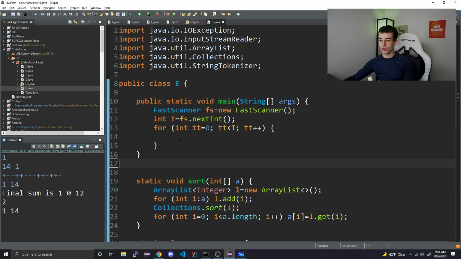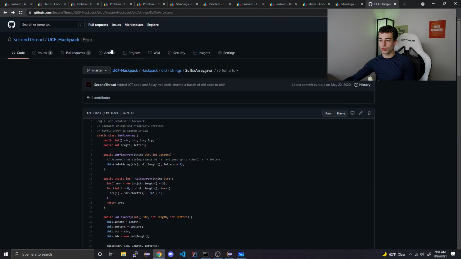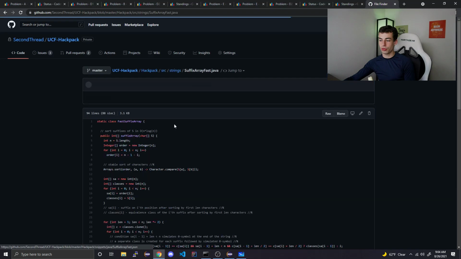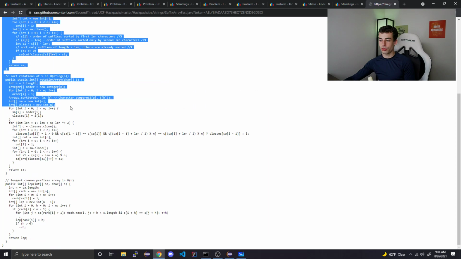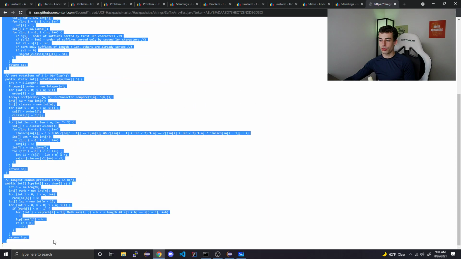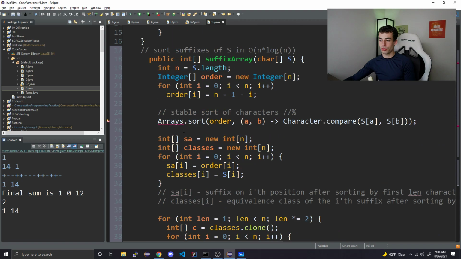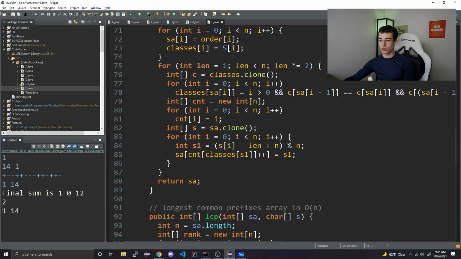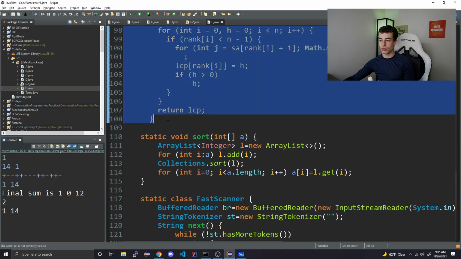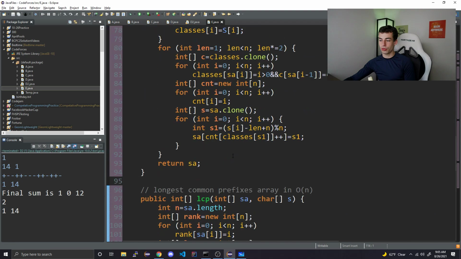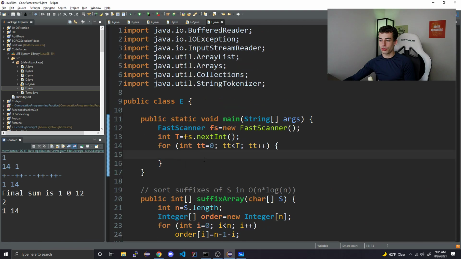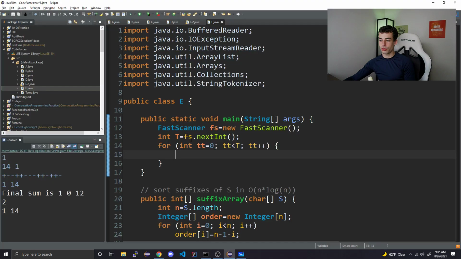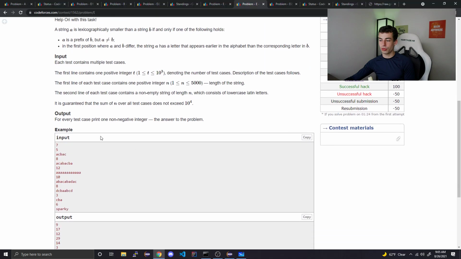Okay, so we have the suffix arrays, and we should be good. All right. So we need this multi-test case.